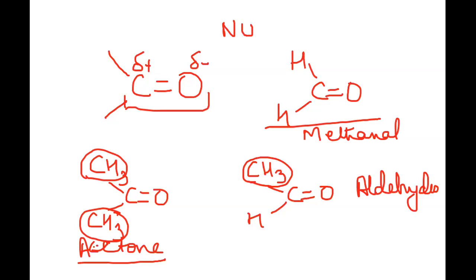Now, what is a nucleophile? A nucleophile is one which is rich in electrons, and it is going to attack a positive center. So carbonyl groups show nucleophilic addition reactions, or nucleophilic additions followed by a loss of a water molecule, or they can simply add up.